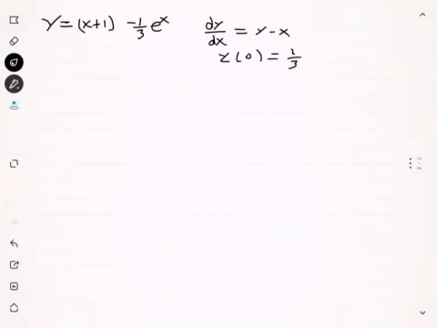In other words, we're going to see if this solution satisfies the differential equation and the initial condition.